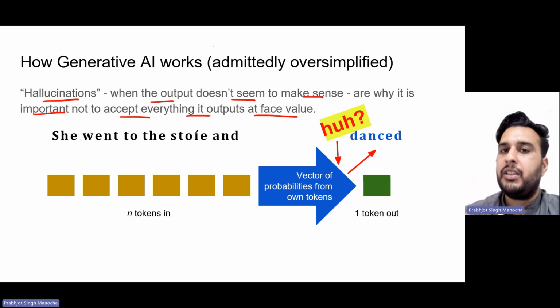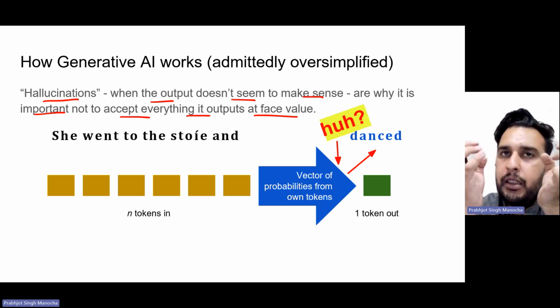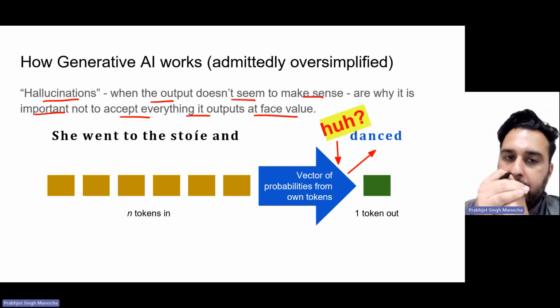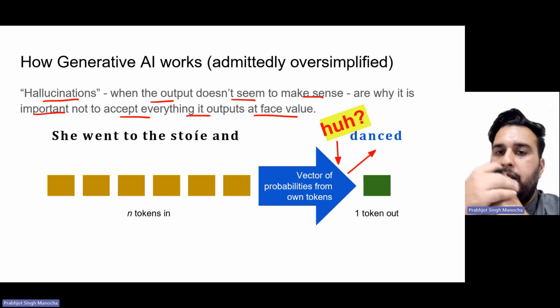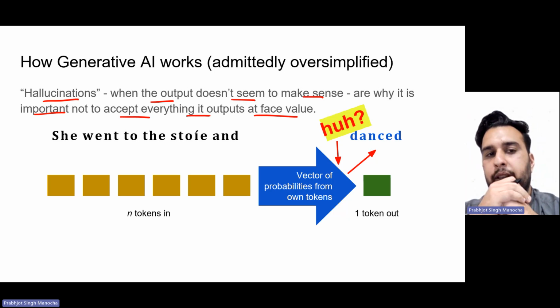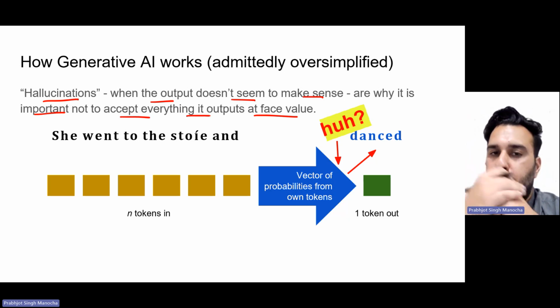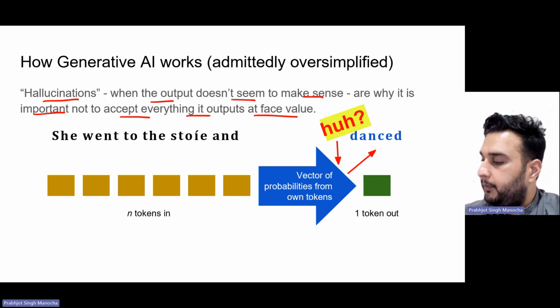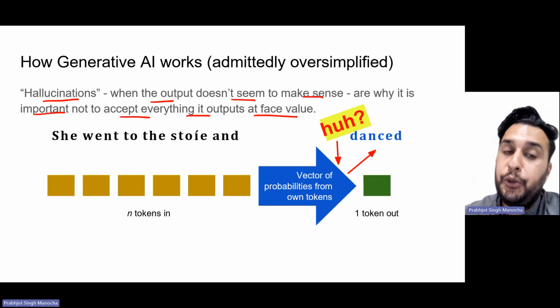AI means artificial intelligence, so it has some sort of intelligence with which it takes the input. We build the model and keep feeding it data, and through this example of generating tokens, it generates new data.